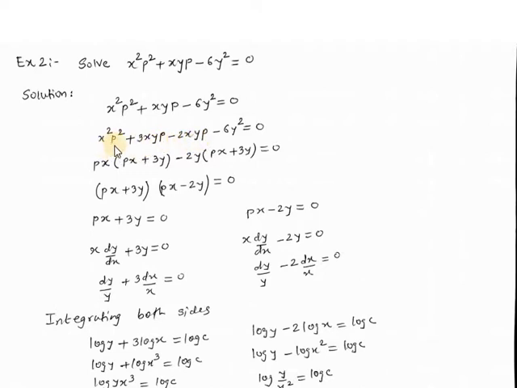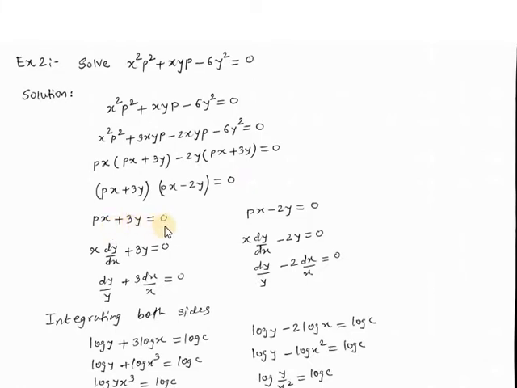Now xp is common from these two terms, so xp in bracket px plus 3y, and minus 2y is common from these two terms, so it will be minus 2y in bracket px plus 3y is equal to 0. Now px plus 3y is common, so in one bracket it will be px plus 3y and in another bracket it will be px minus 2y is equal to 0.